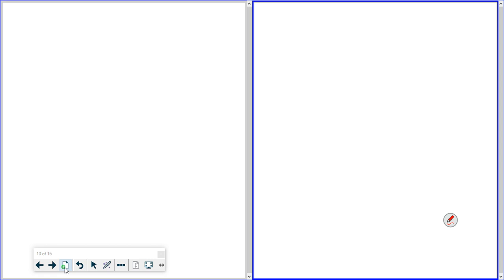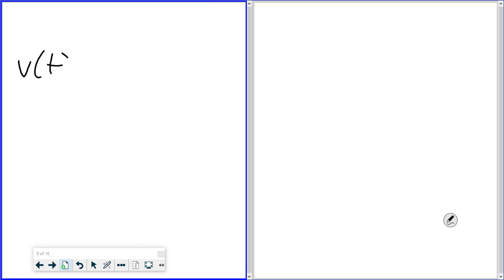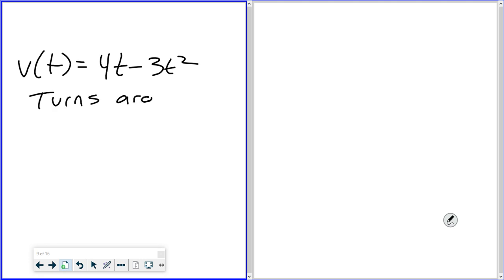So, this board is getting super cluttered. So, let's do this. So here's what we know. We know our velocity at time t was 4t minus 3t squared. And so we just decided that the bunny is going to turn around when the velocity is 0. So I'm going to use this equation and find out when the velocity is 0.